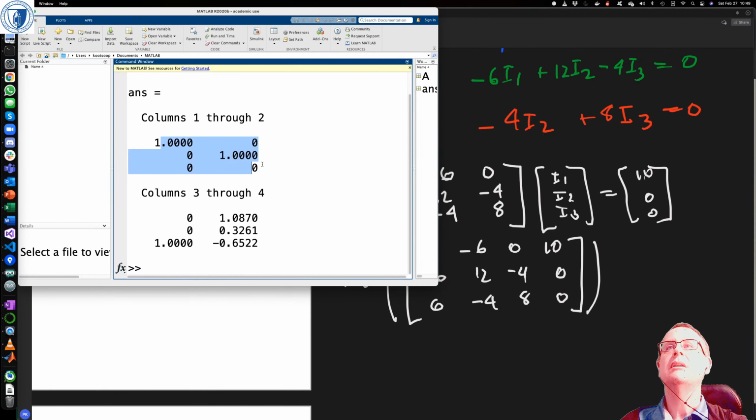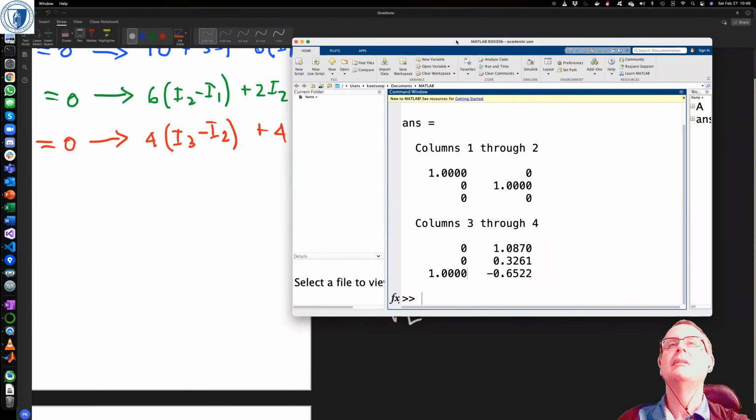Okay, so we've got our first three columns just being the identity matrix.